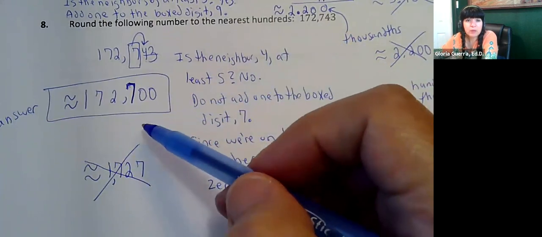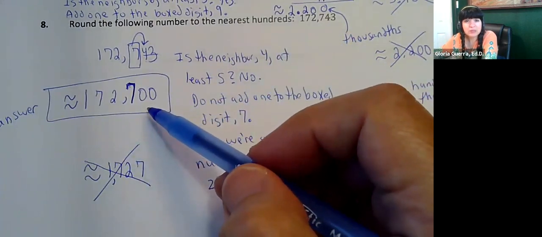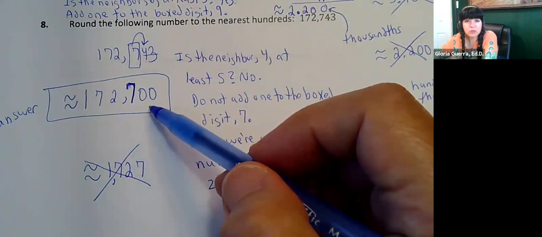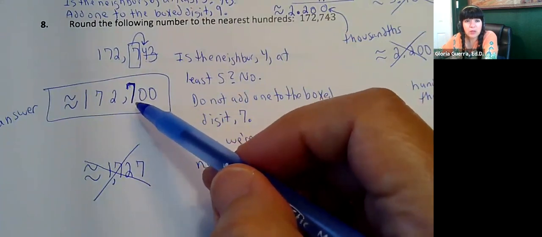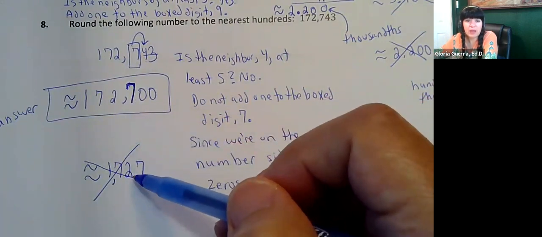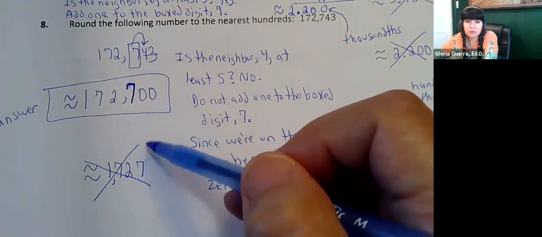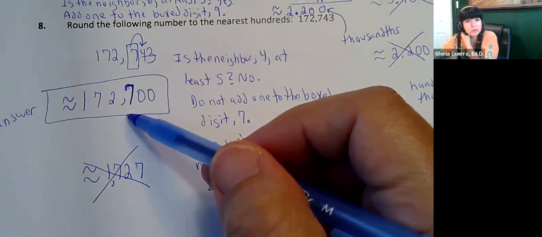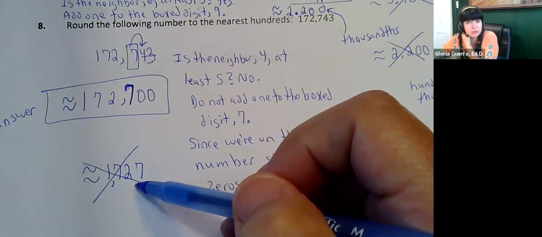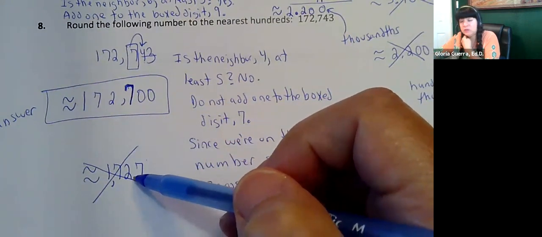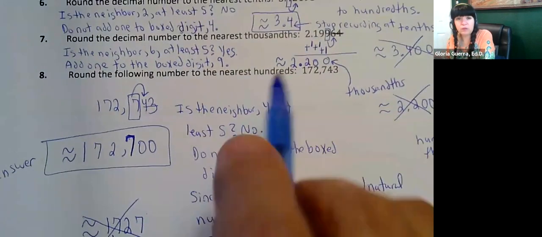It's going to be 172,700 to the nearest hundreds: ones, tens, hundreds. This is only 1,727. So you see the big difference between 172,700 and just 1,727. So you have to be careful with that.